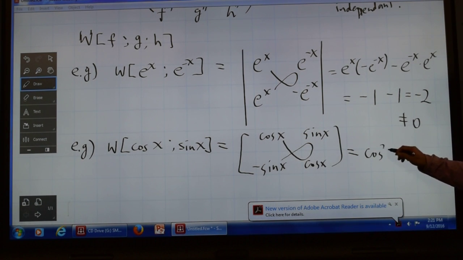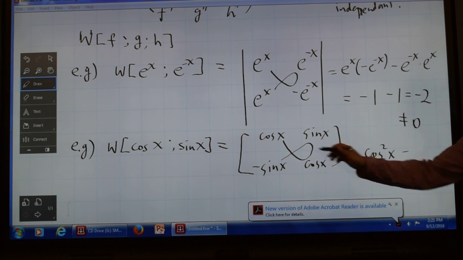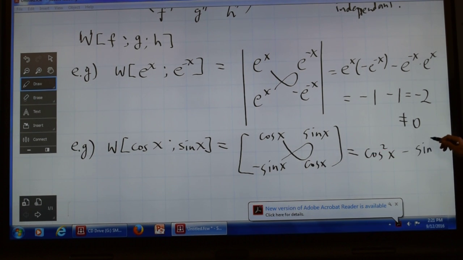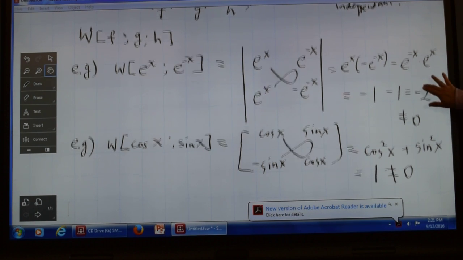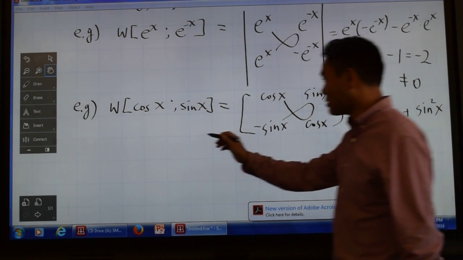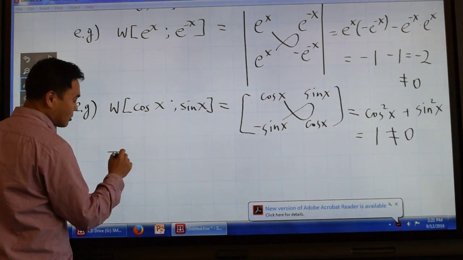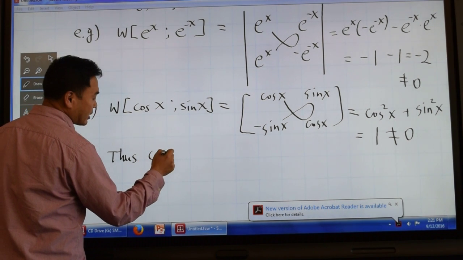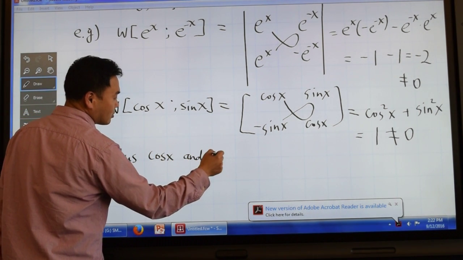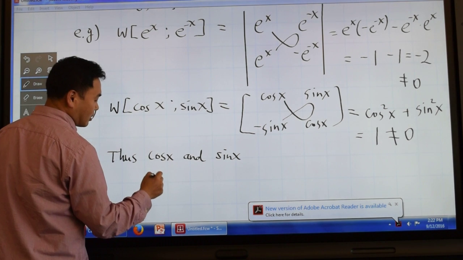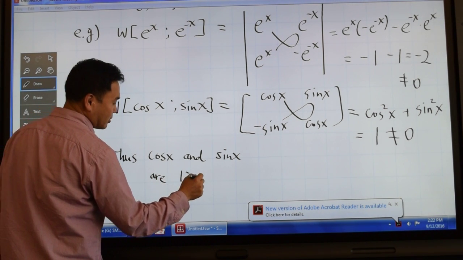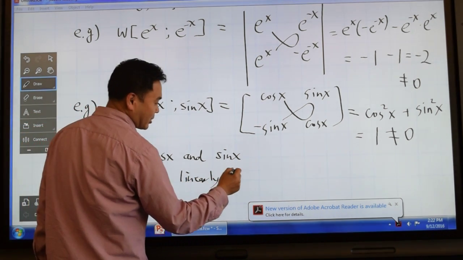Cosine squared minus sine squared with another minus sign, right? What's this? 1. So that's not equal to 0. So in both cases, it's linearly independent. I should have written the conclusion here. Let me write the conclusion here. Thus, cosine x and sine x are linearly independent.